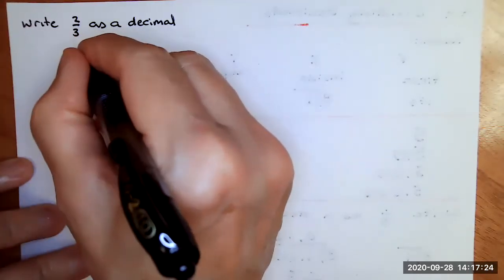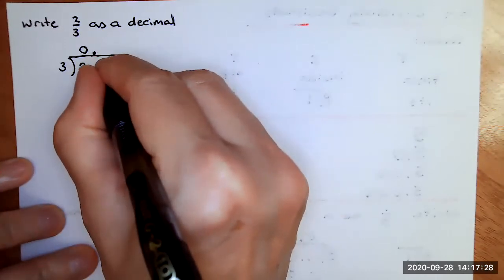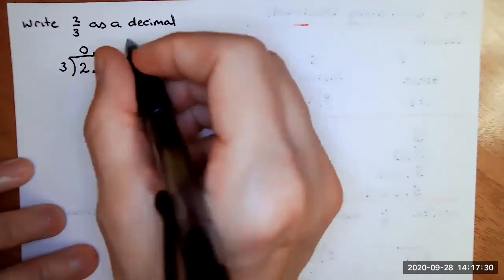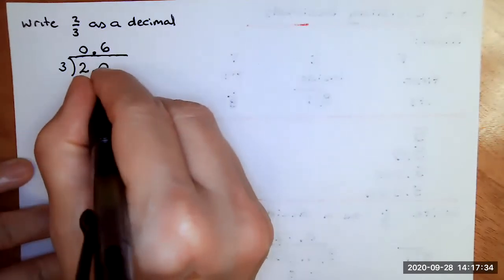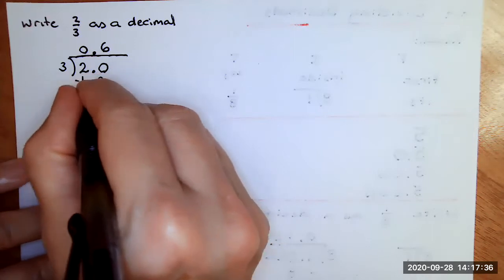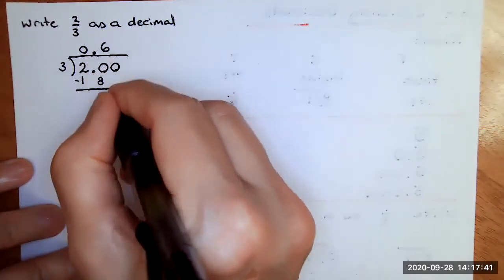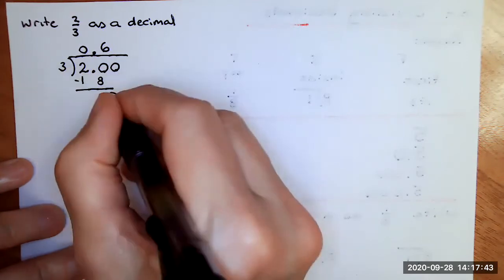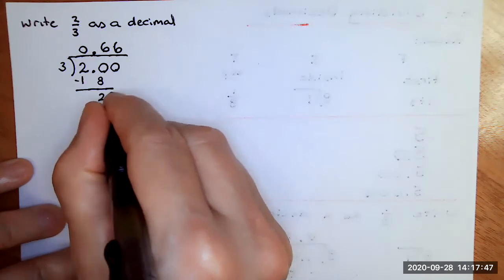So 3 goes into 2 0 times. So then you add a 0. 3 goes into 20 6 times. 6 times 3 is 18. Subtract. And we get a 2. You can add another 0. 3 goes into 20 6 times.